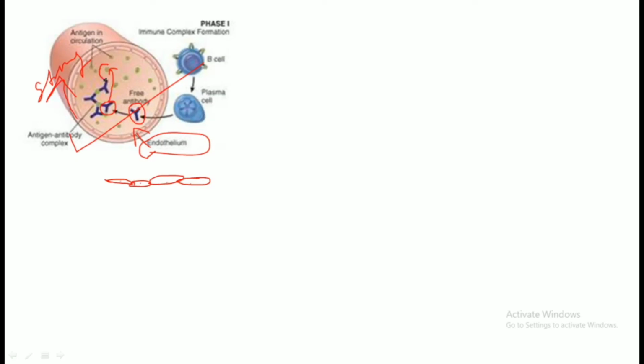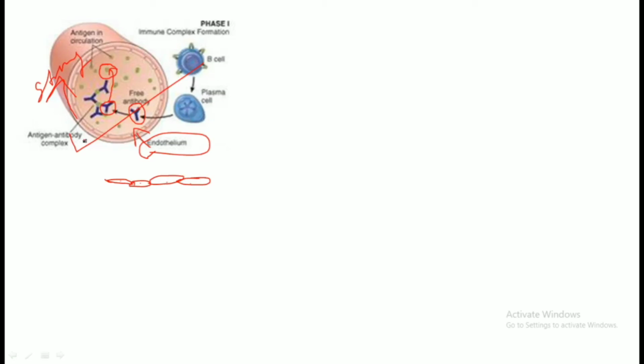These antigens are actually some kind of allergens which are not much harmful to the body, but these cells, acting inappropriately, tend to see these antigens as a harm, and so they do hypersensitivity reactions against them.